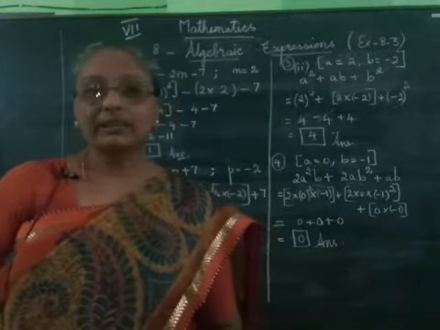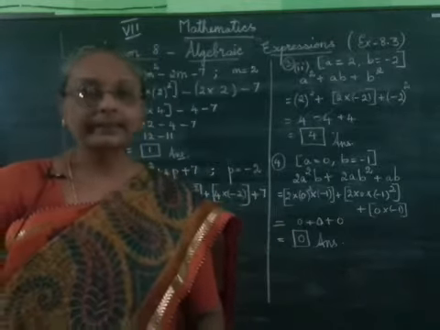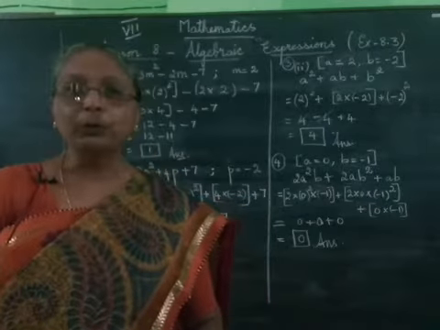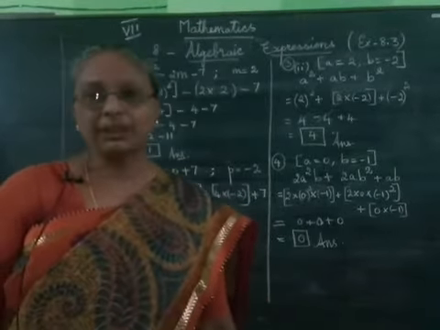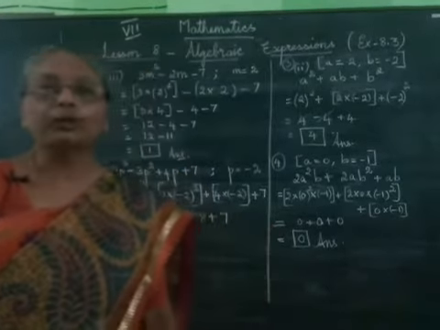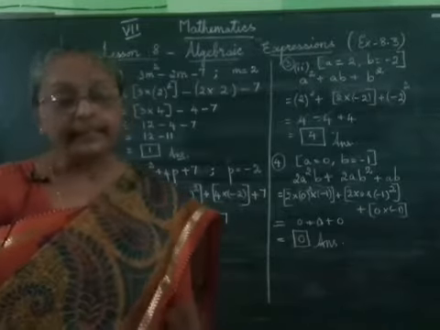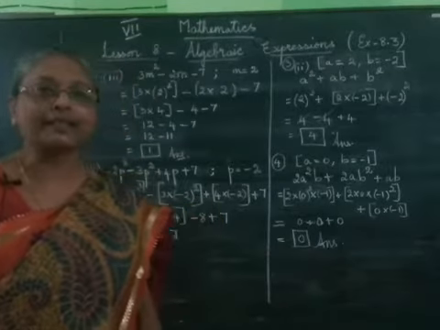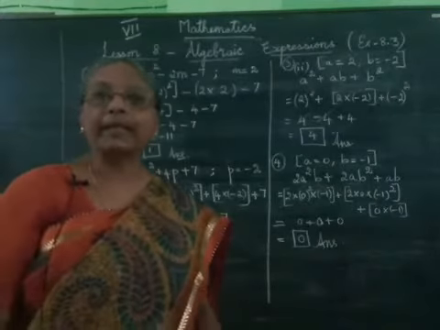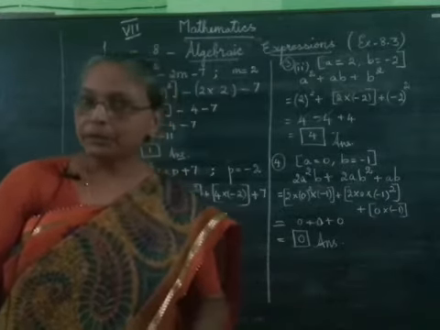Okay, now we will just continue with lesson number 8, algebraic expressions. In the earlier module, we saw addition and subtraction of algebraic expressions. In this module, we will see how to find the value of an algebraic expression. The process of finding the value of an algebraic expression is called substitution.